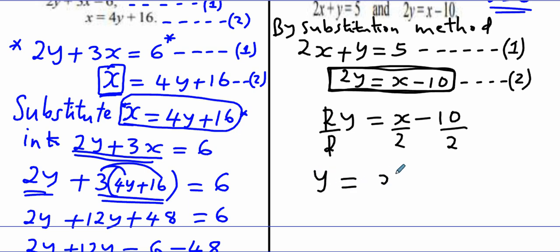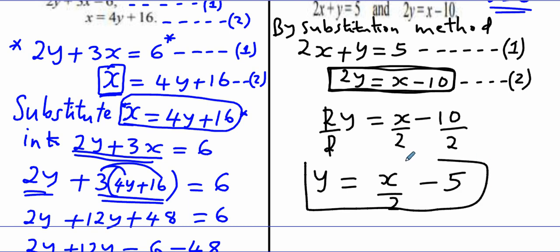See that? So x over 2, and 10 divided by 2, that is possible, you can write 5. So now, at least, we are in a position of going to step number 2. Why? Because y is already the subject.